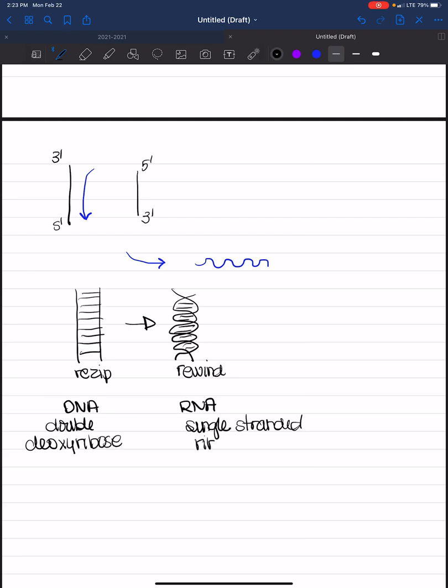RNA has the sugar ribose. DNA has adenine, thymine, guanine, and cytosine. RNA has adenine, uracil, guanine, and cytosine. So transcription is a process in which we make mRNA from the DNA template, and only the 3' strand is read.